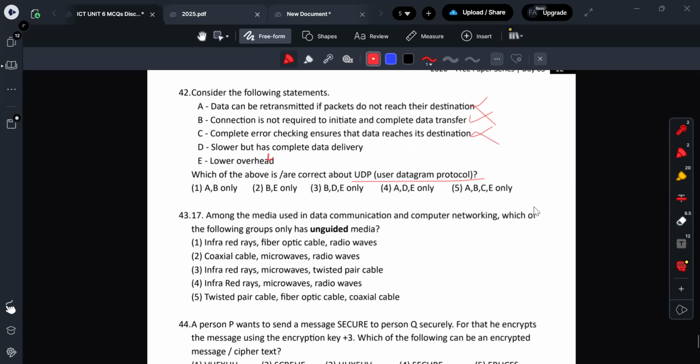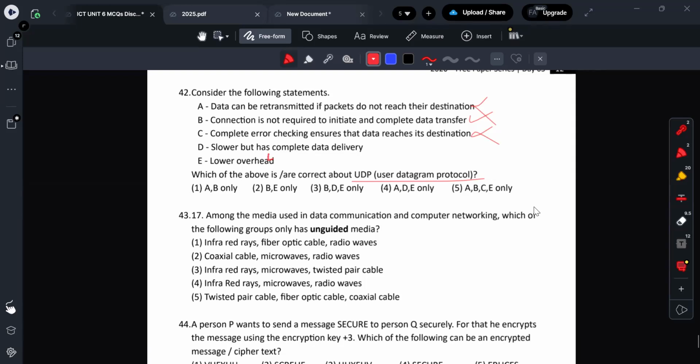Slower but has complete data delivery. This is incorrect. It does not guarantee the data reaches its destination. Sorry, I mean that is C I'm saying. So even though UDP is faster than TCP, it lacks the overhead of error correction and connection management. It is faster.